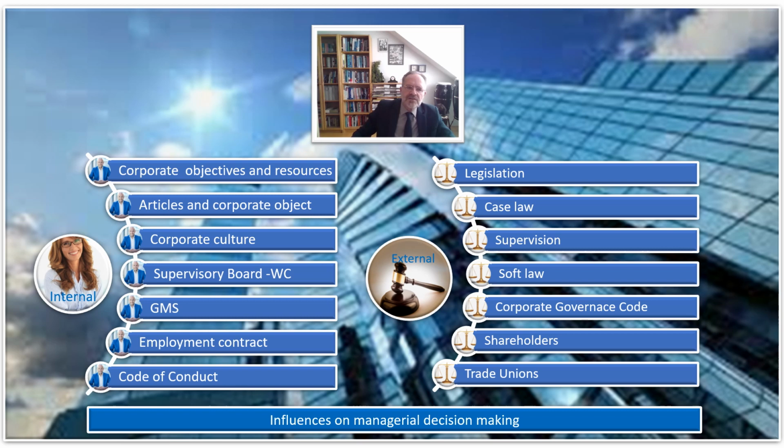For example, internally you are limited by the objectives which you have to realize, the resources which you have at your disposal, and then from a legal perspective, specifically by what is in the articles and specifically what is described as the object of the company, because the object of the company denotes the limitations, denotes the field in which you as a director can operate.